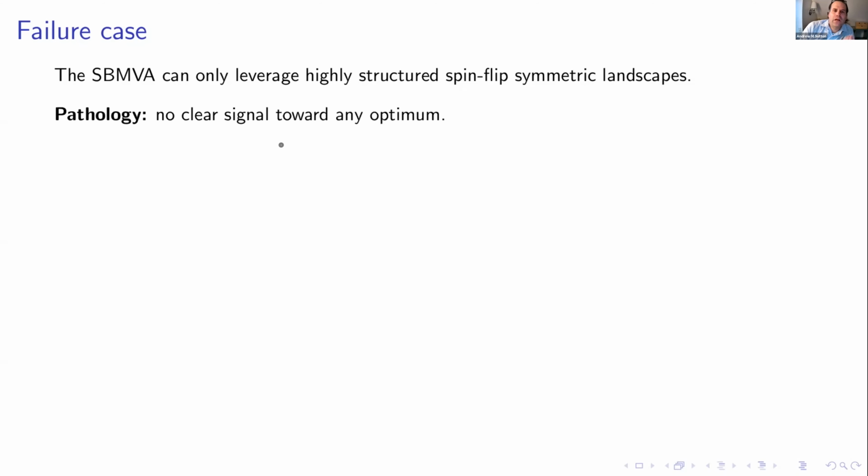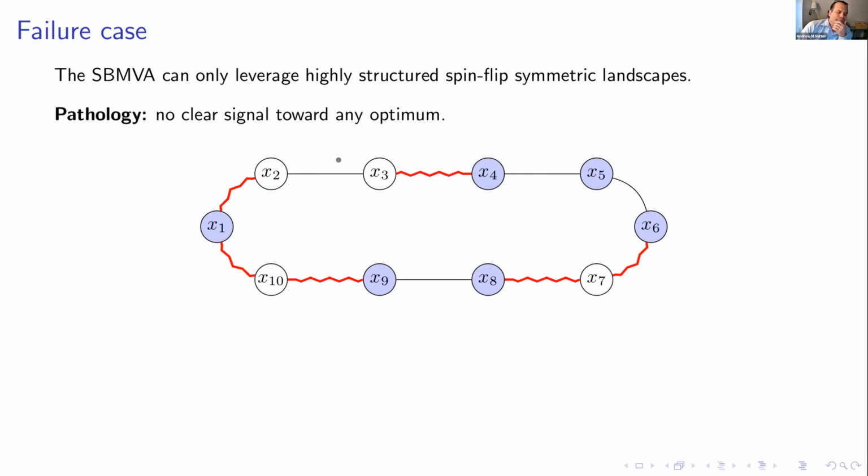There's a clear signal toward the optimal, right? There's a nice fitness distance correlation on these satisfiability problems or on TwoMax. The problem is if there is a lot of neutrality in the landscape, then there's no clear signal toward the optimum, and it kind of doesn't matter whether we're jumping into the blue subcube or not, right?